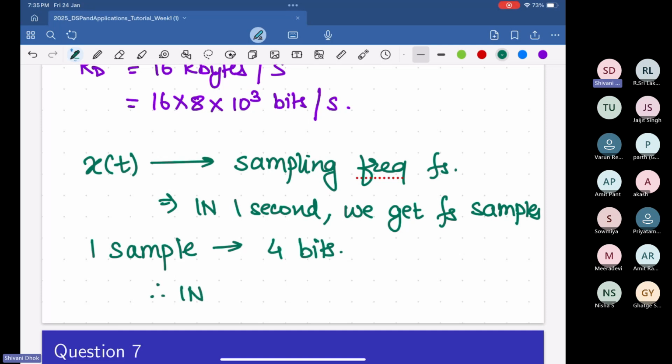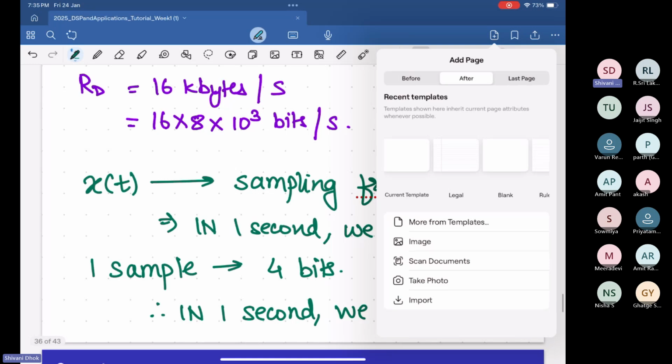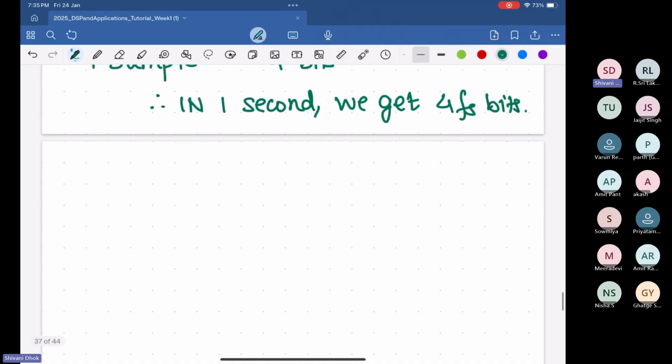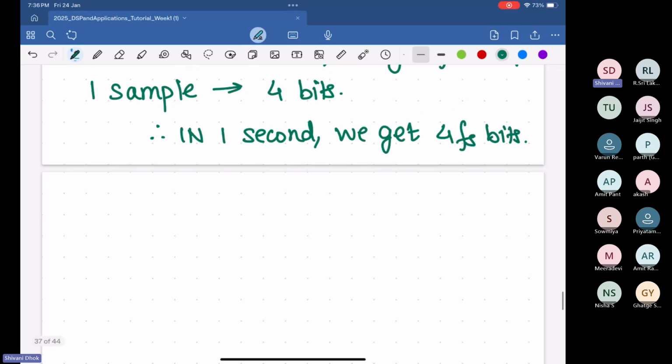Therefore, in 1 second, we get 4 into Fs bits. Now if we want to transmit these 4 into Fs bits per second, we had this data rate, which was 16 into 8 into 10 raised to 3 bits per second. We can write it as the number.